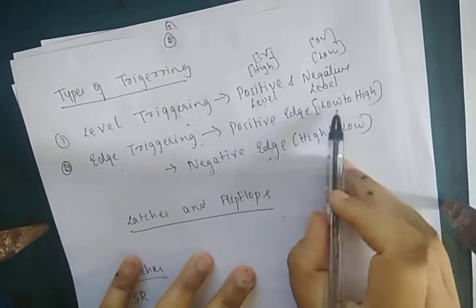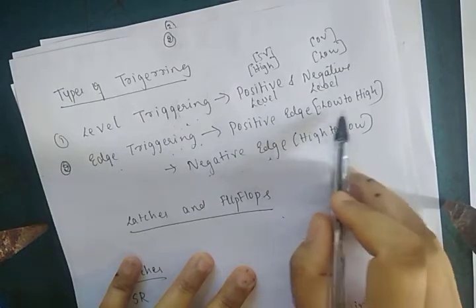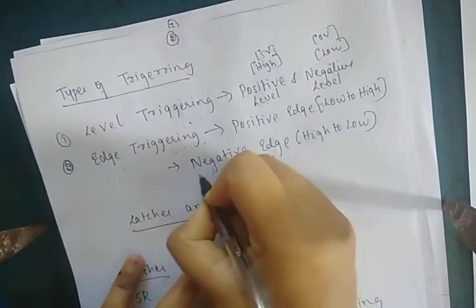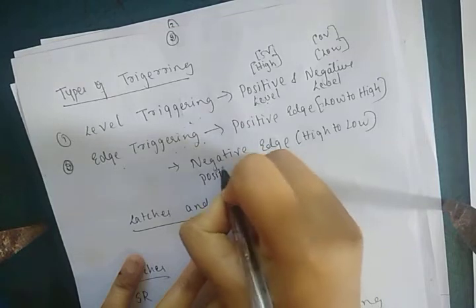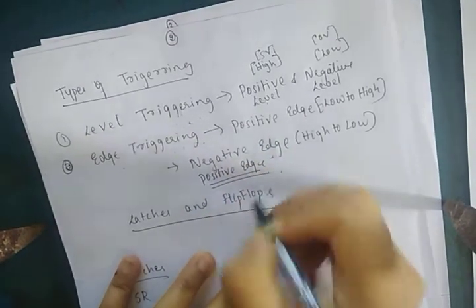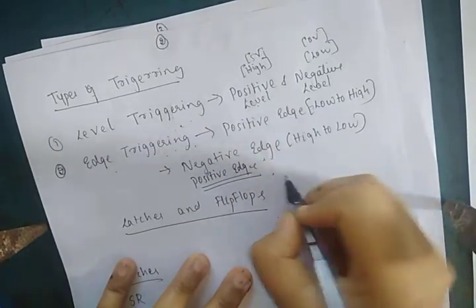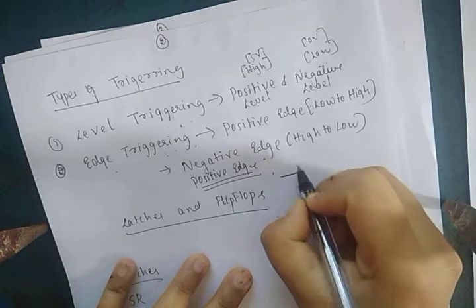What is the meaning of positive edge? Positive edge means going from low to high. I'll show it here. Imagine you have a clock signal going from low to high.